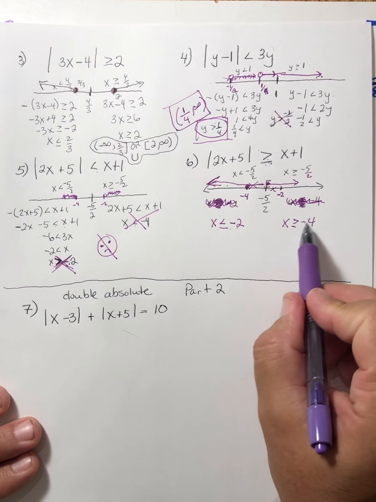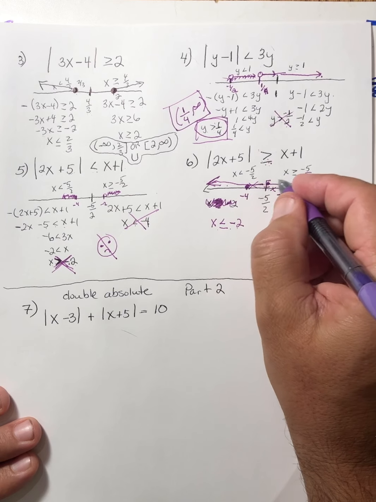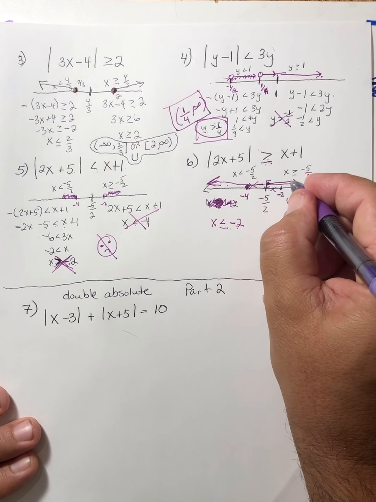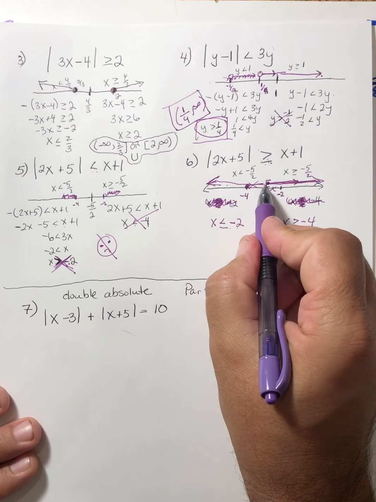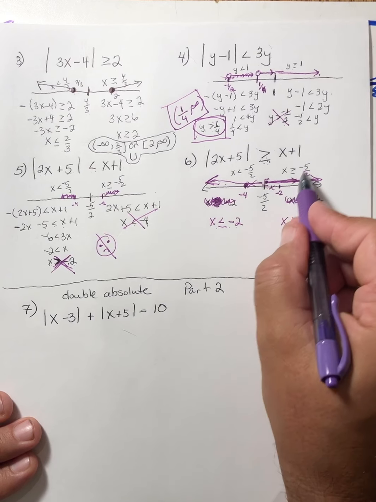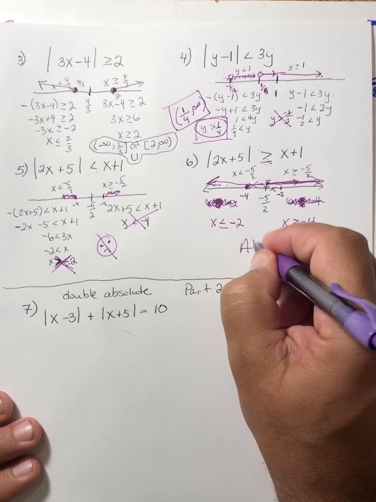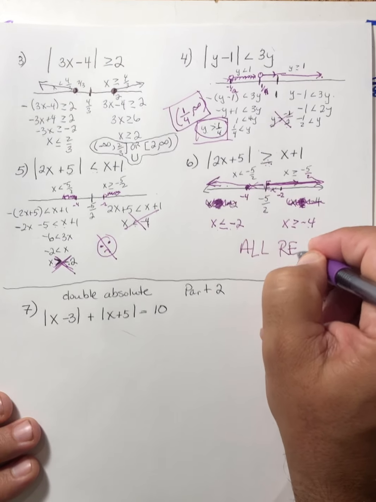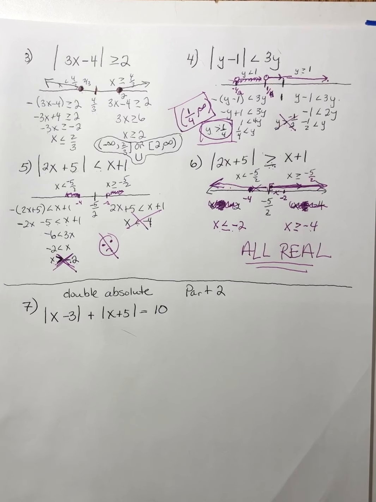And then x was greater than negative 4 does not exist on the left-hand side, but it does exist everything on the right-hand side. So guess what? We've covered the entire left side. We've covered the entire right side. We've included negative 5/2. So this answer is all real. Okay, that's a very, very unique one.